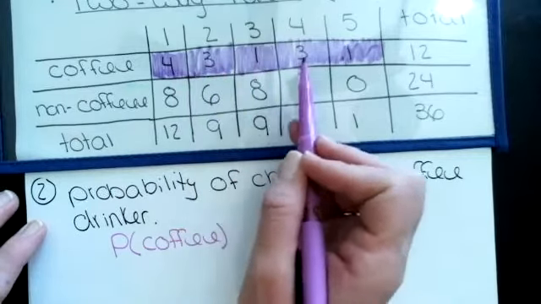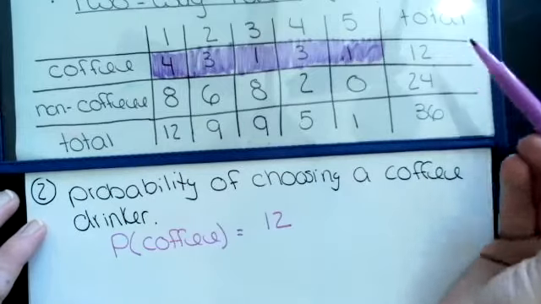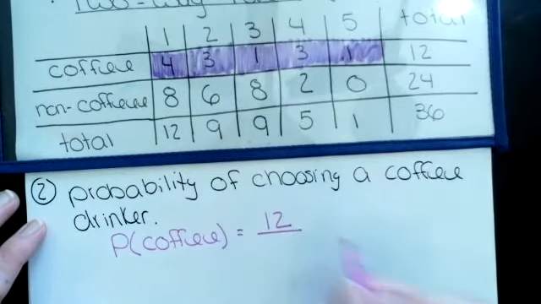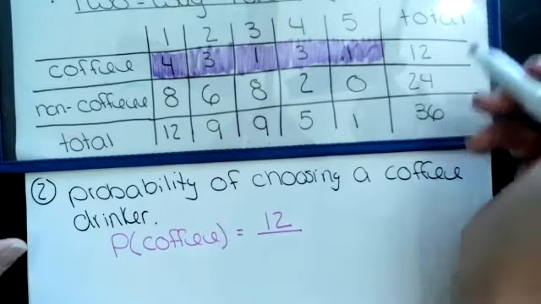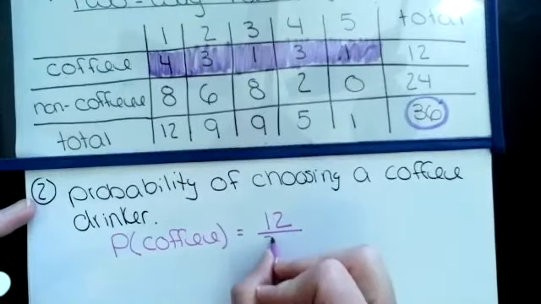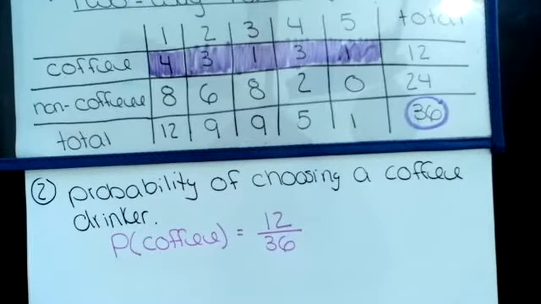So 7, 8, 11, 12, right? And I know it's 12 because I happen to have my table totals here, which we don't always have. So again, it's 12 out of a total of 36 students, which of course we can reduce. We already did that on the previous page, so we can just leave it at that.